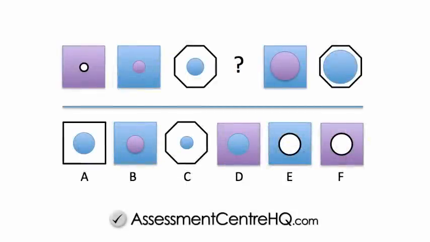Okay guys, I thought I'd put a short video up here to explain a little bit more about diagrammatic reasoning tests. These tests are very similar to logical reasoning tests, very similar to abstract reasoning, and they just tend to blow people's minds.